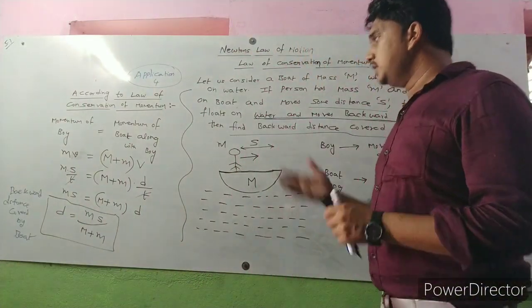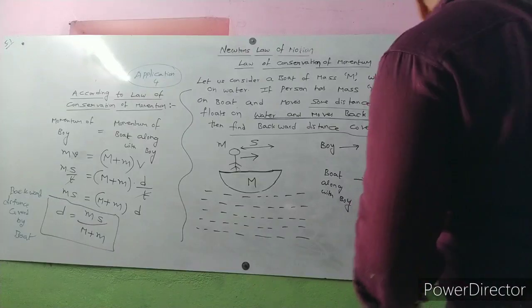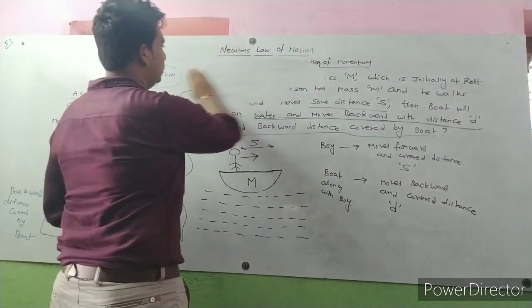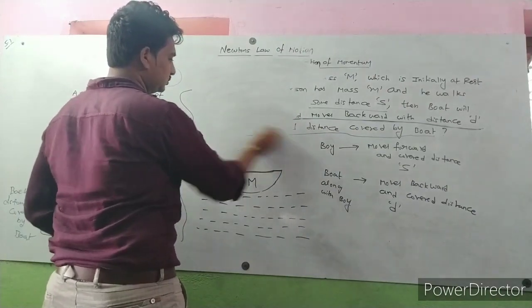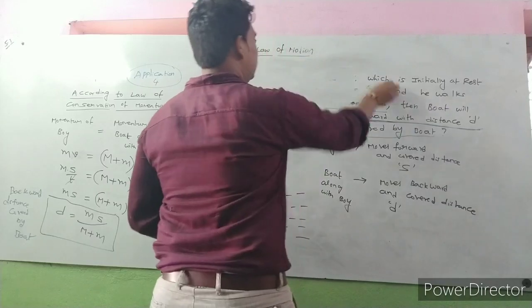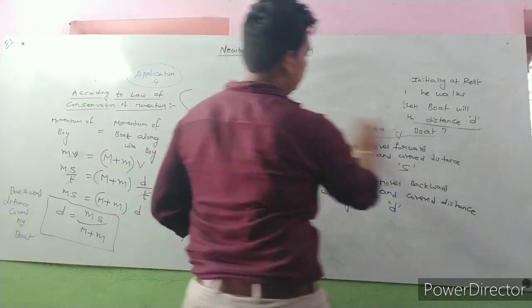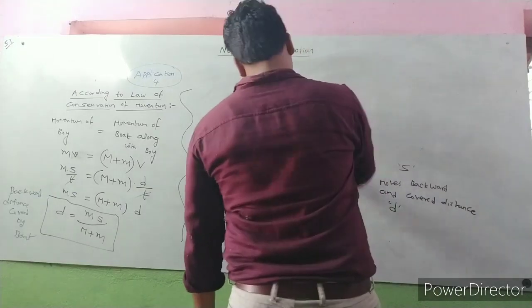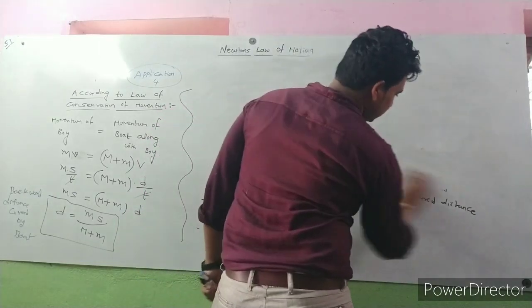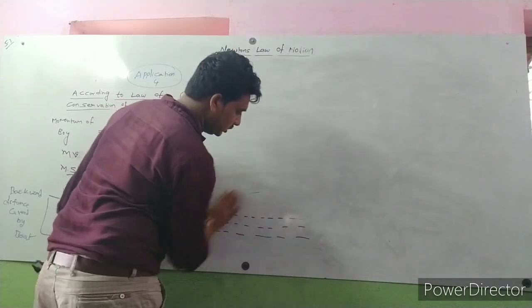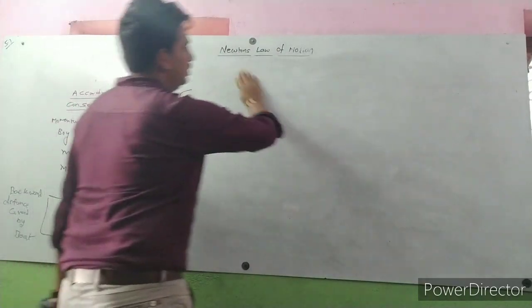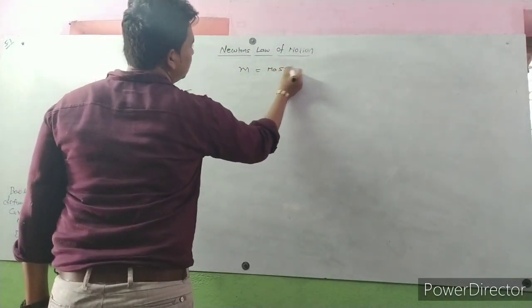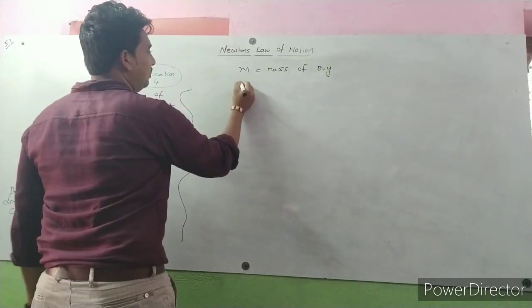Here small m means mass of the boy, capital M means mass of the boat.